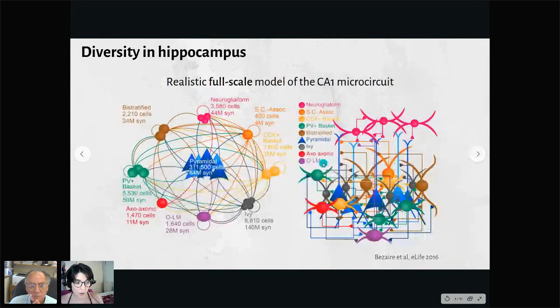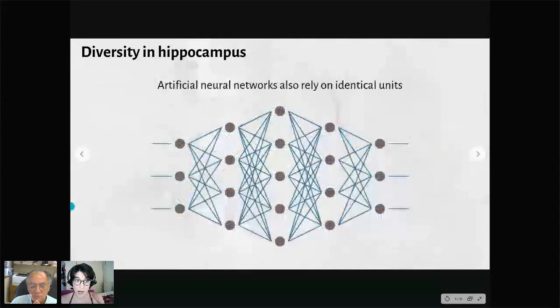However, great models such as Bezaire's, which is a realistic full-scale model of the CA1 microcircuit, meaning it has the same number of neurons as in a rat CA1, lack this heterogeneity. All modeled neurons from each population have the same intrinsic and synaptic properties. And this also happens in artificial neural networks, most of which rely on identical units.